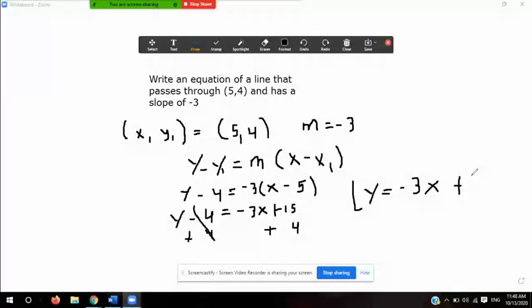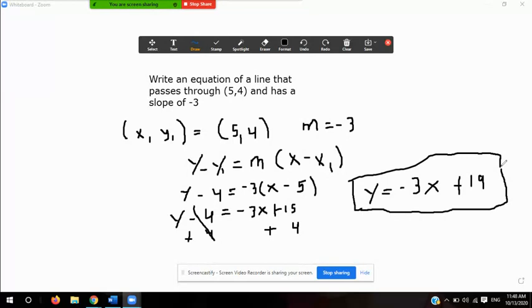And that's pretty much how I would do example number 2, which is on page 99 of your textbooks. And we're still missing one more, but I just wanted you guys to take a look at the final answer. So y equals negative 3x plus 19. And that would be that answer, okay?